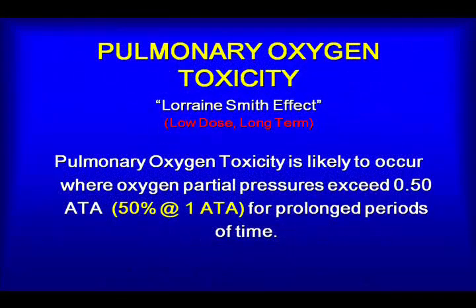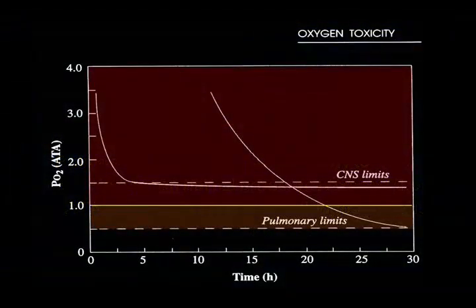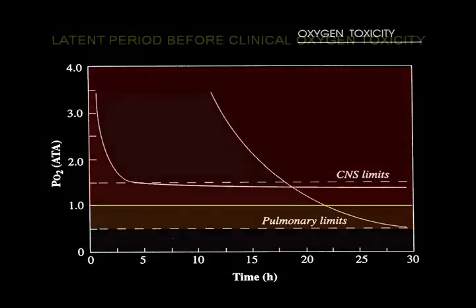Essentially, oxygen causes almost a type of chemical pneumonia of the lung, and the longer one remains on oxygen, the more severe the effect. If you breathe more than 50% oxygen at 1 atmosphere or 0.5 atmospheres, eventually the lungs will show signs of oxygen toxicity. And over a period of time, shorter when one is breathing a higher partial pressure of oxygen, the lungs will deteriorate to a point where one has lost 10% of the volume that you can voluntarily breathe in and breathe out.